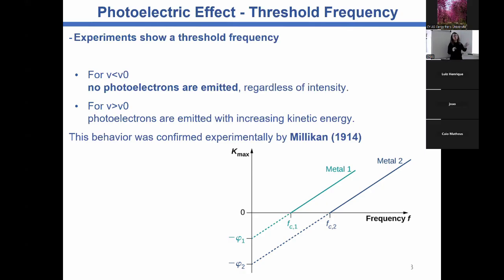For example, metal 2 needs blue light, and metal 1 green, to have the release of this particle. So this is also a breakthrough, because there was no classical observation regarding the frequency of the light and the interaction with the energy of the released particle.